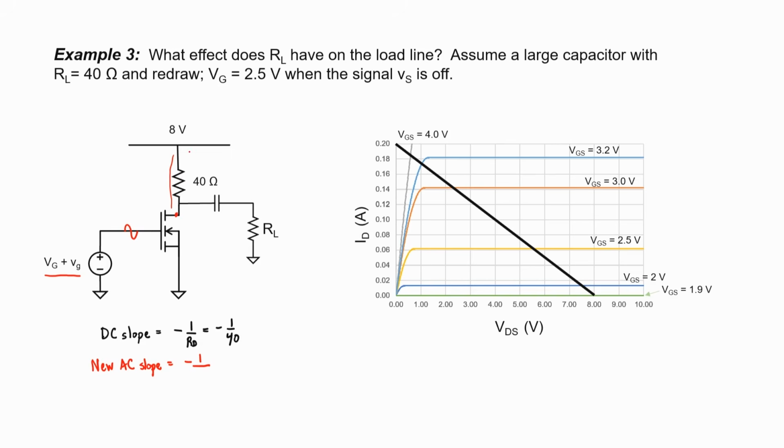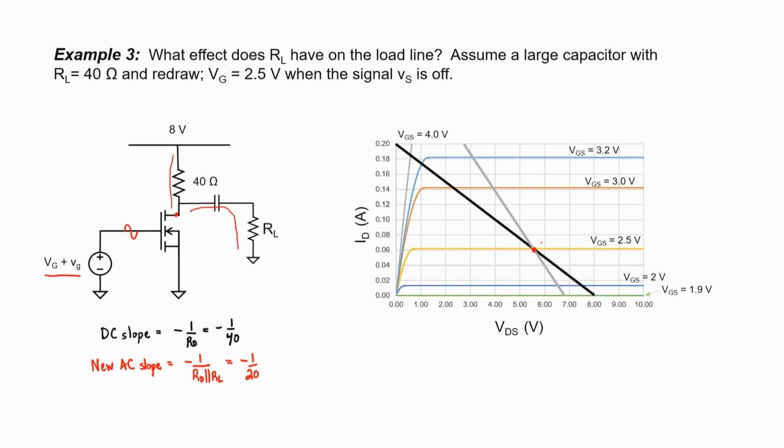There's one going to an AC ground, and then there's another going to an AC ground as well. They show up as resistors in parallel, and if they're both 40 ohms, then the slope of the new load line, the AC load line, is going to be minus 1 over 20. The line should be centered at the DC operating point. Let's go ahead and draw the new load line.